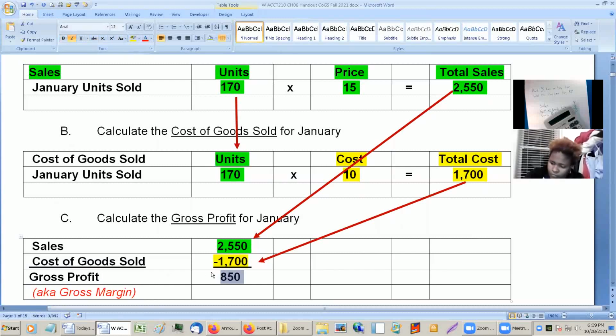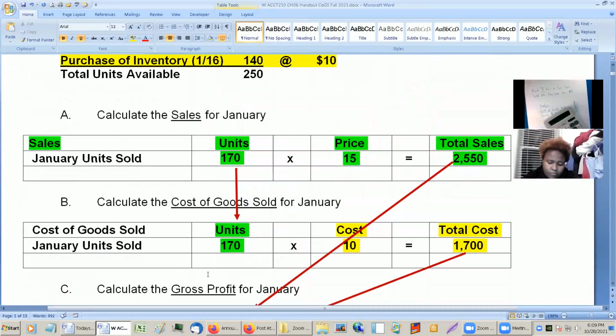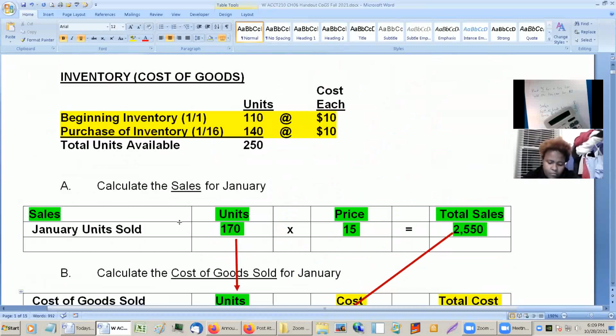For us we call it gross profit. So this is the profit that we made on the goods. So $2,550 came in. These are actually goods that left that we paid for before they left, and we made $850 out of it.